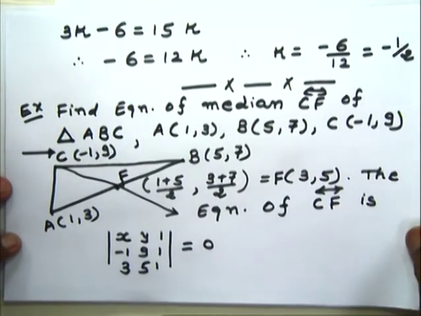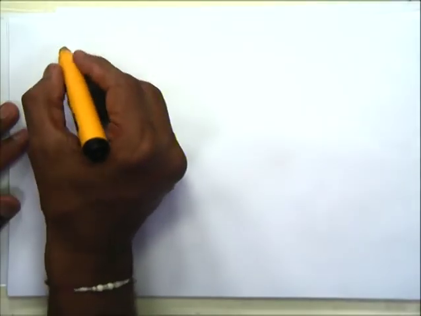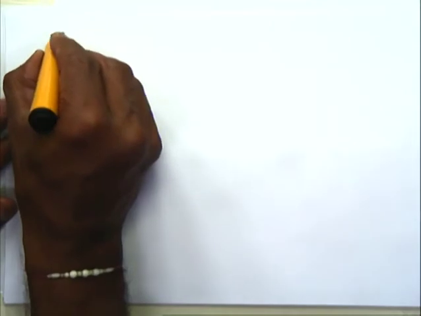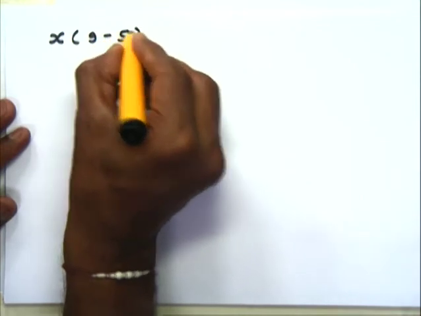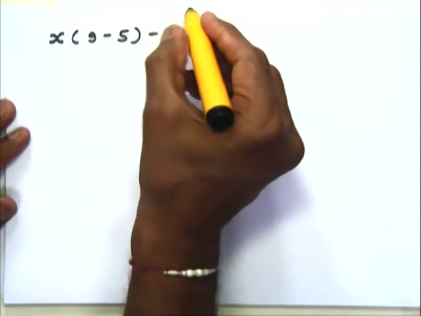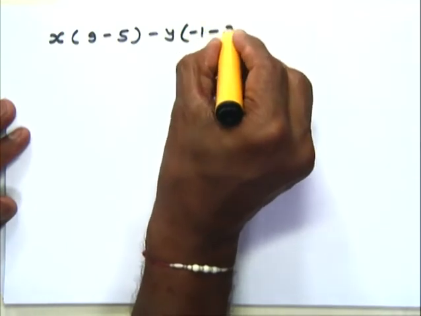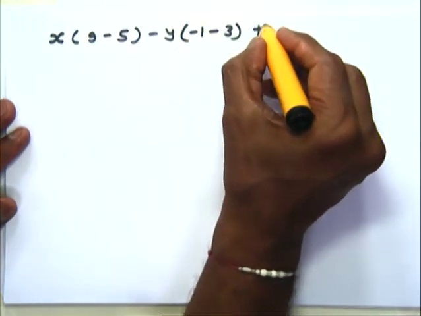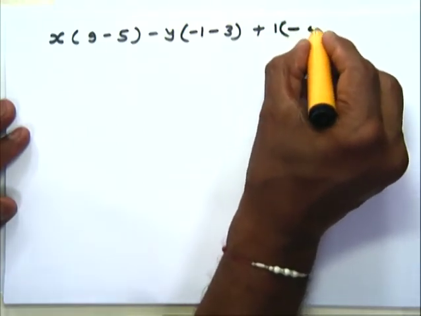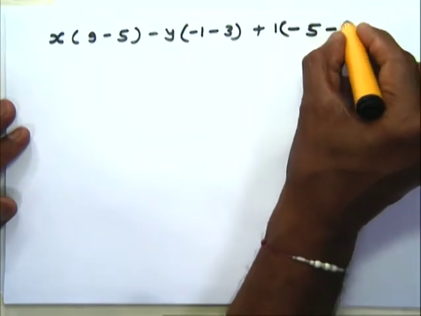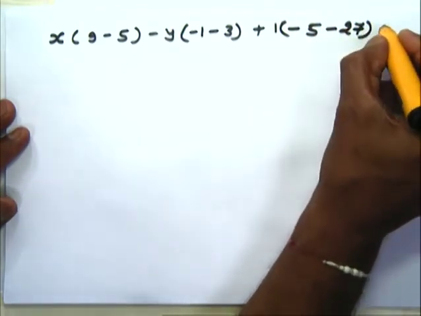And we simplify this equation to finally find the equation of the median CF. We proceed. X into 9 minus 5, minus y into -1 minus 3, plus 1 into -5 minus 27 is equal to 0.